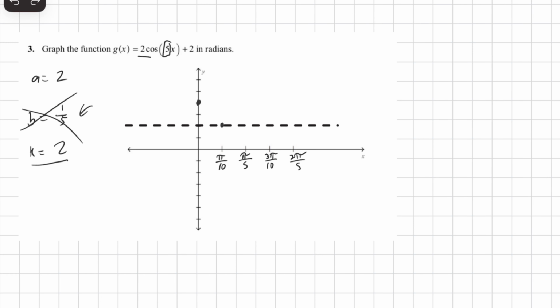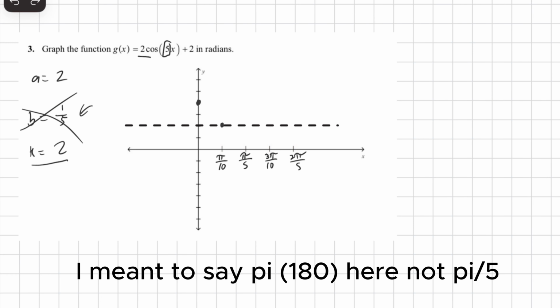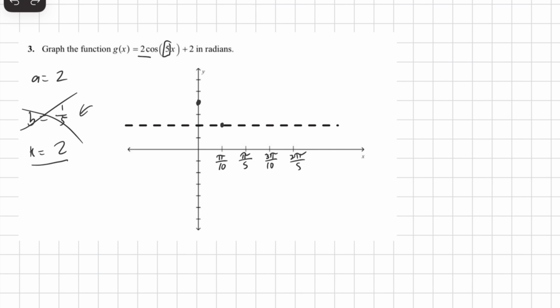Let me get rid of those. So when our cosine graph is at pi over 5, our y value is usually at -1, but we times it by 2, so it's going to be -2. And then -2 plus 2 is going to be 0. So it's going to be right here.